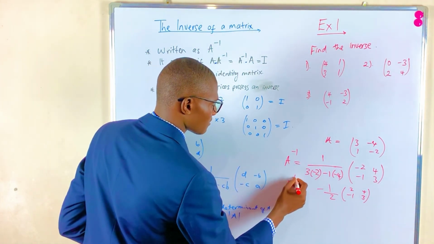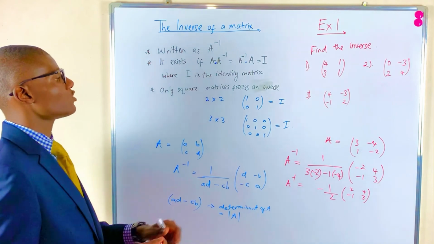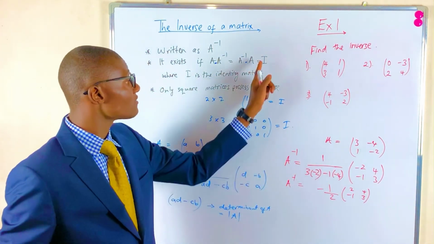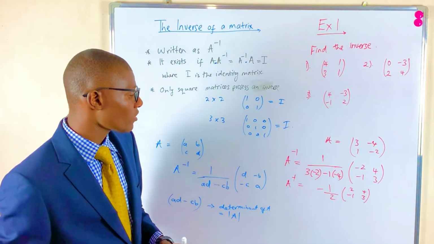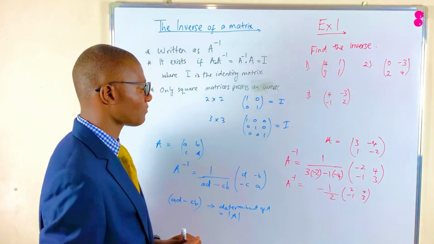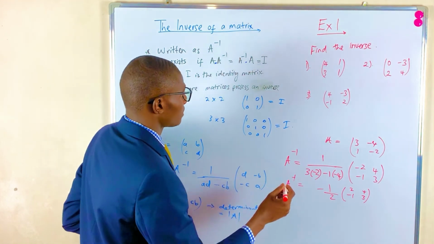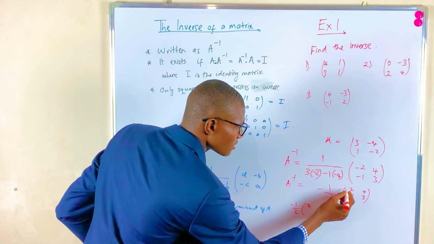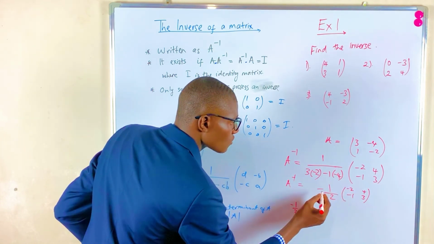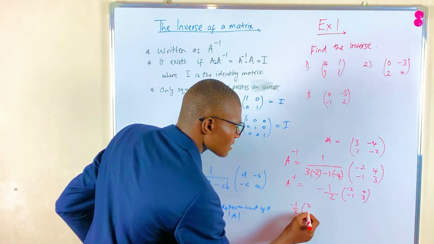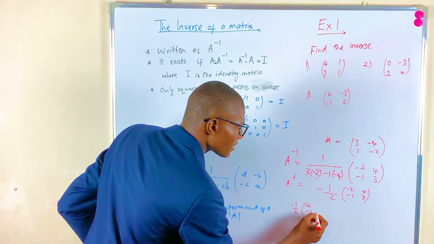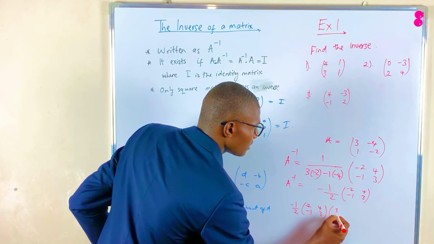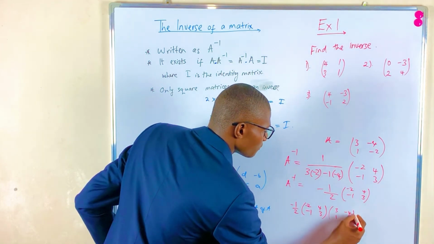This is the inverse. And now if we would like to check, to say the product of the matrix and its inverse should give us the identity matrix, we can say that this is now minus half, 2, this is minus 2 by the way. So we're saying minus half, minus 2, minus 1, 4, 3, times 3, 1, minus 4, minus 2.